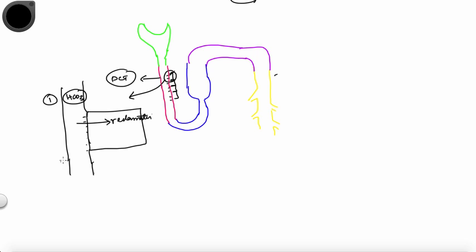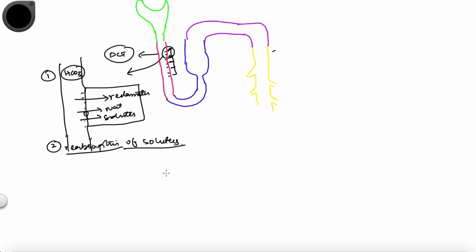Number two function of the PCT is the reabsorption of various solutes. A lot of the solutes are maximally absorbed in the PCT, usually by coupling with sodium. For instance, the sodium glucose cotransporter absorbs the glucose.